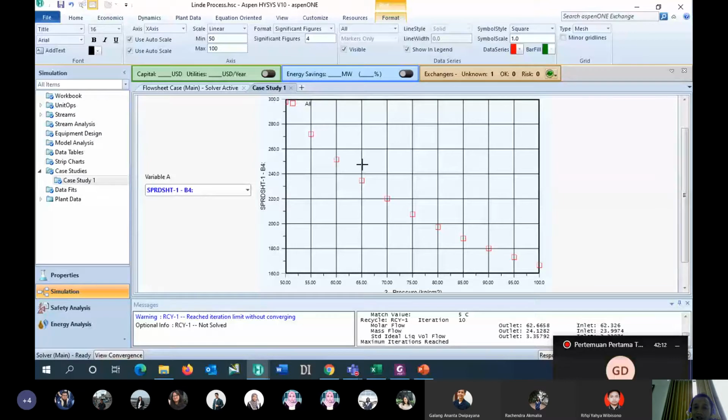But you can reduce it by almost half when you increase the pressure of stream number 2 to 100 kilo, giving only around 160 in terms of SPSP. You will understand this by doing the sensitivity study.